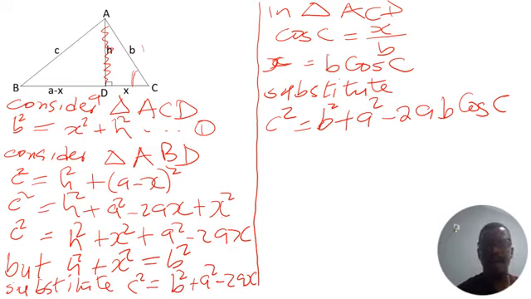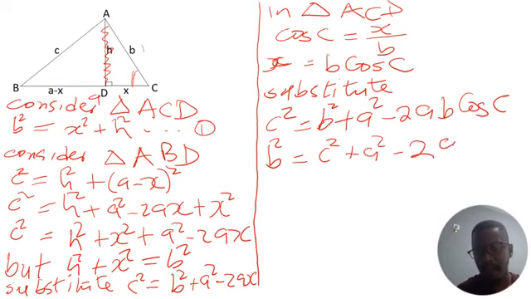You can do the same by using the other triangle, as we showed you in the investigation, to find b and a. You just follow the same scenario as here. So b squared should be equal to c squared plus a squared minus 2a, and instead of putting b here, you put c cos b.